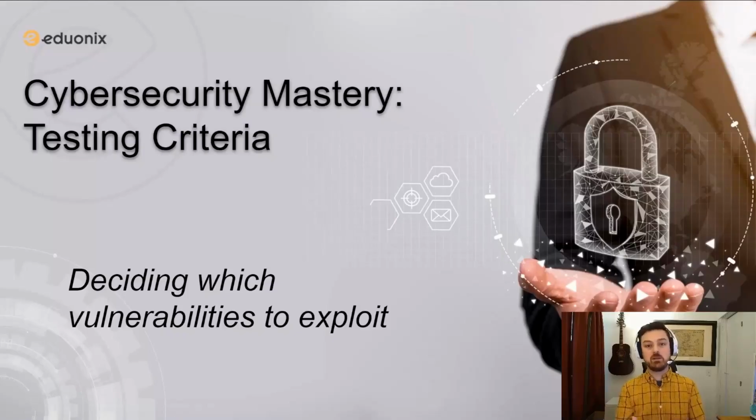Last time we talked about the different phases of pen testing. And in this video, I want to get into, how do we actually choose those vulnerabilities to properly test before we actually get into the specifics of pen testing itself. It's really about allocating the right resources to penetration testing.